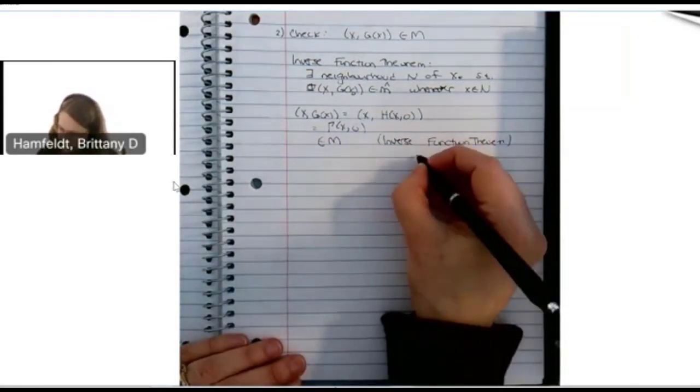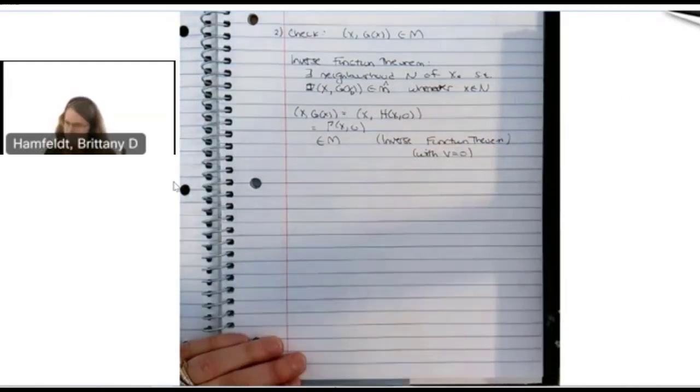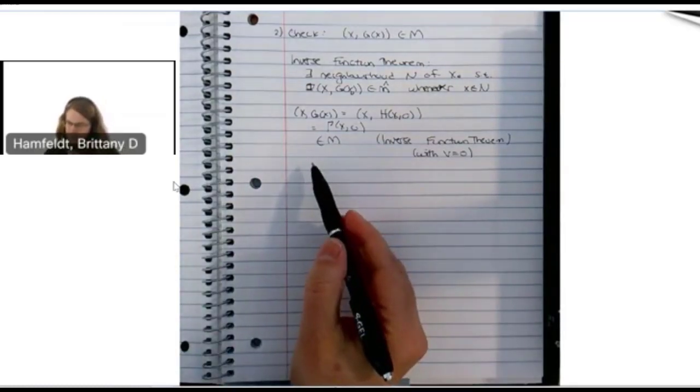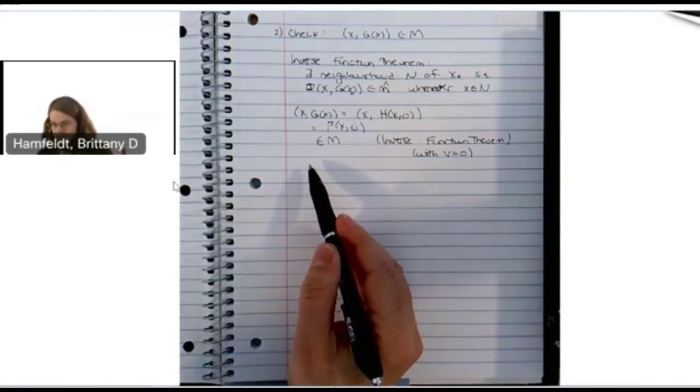So we're doing inverse function theorem with v equals 0. And that's what we want to show, that we go back to our original manifold.